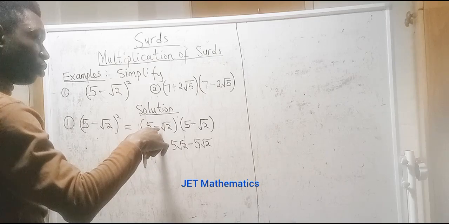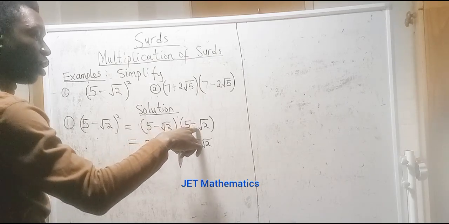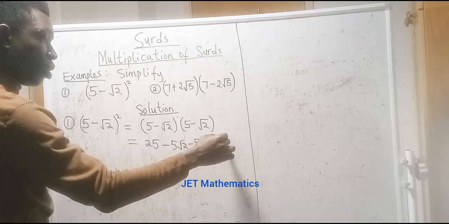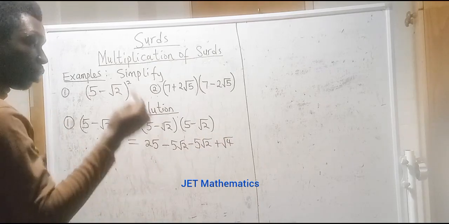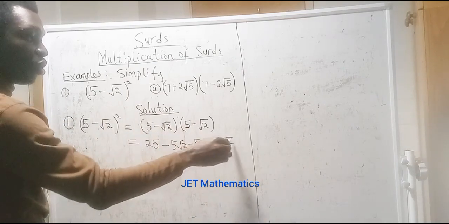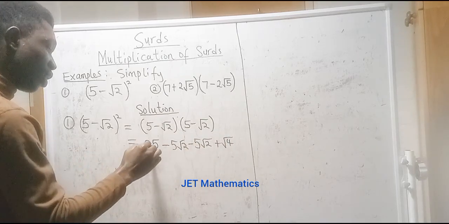And then minus root 2 times minus root 2 gives us plus root 4. Okay, remember in our last video as well we said that root 2 times root 2 should give us 2. But that's fine, we'll still get the same result at the end of the day.